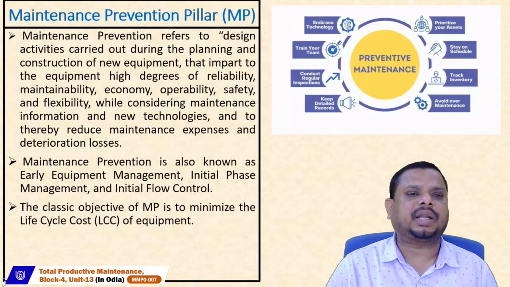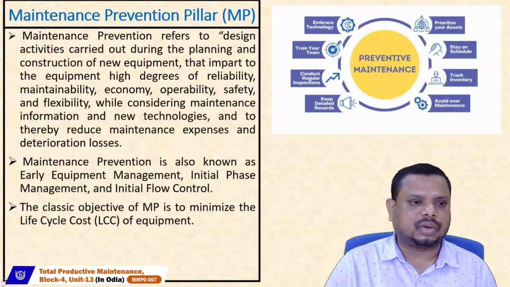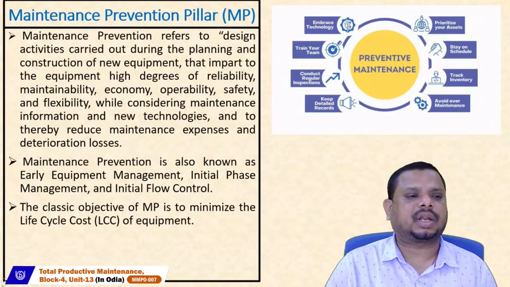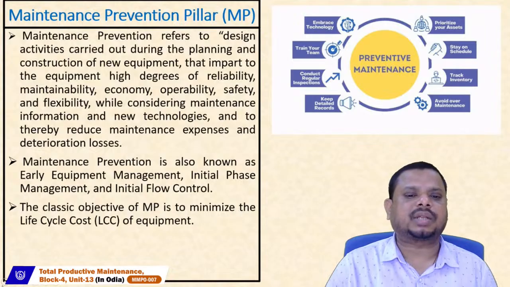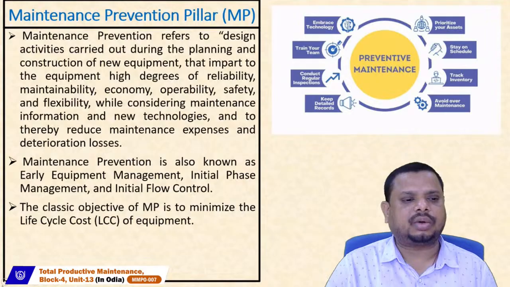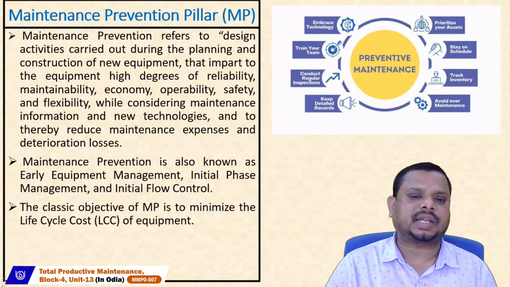The next one we have is the maintenance prevention pillar. Maintenance prevention refers to the design carried out during the planning and construction of new equipment that imparts to the equipment a high degree of reliability, that means directly performance. The next are maintainability, economy, operability, safety, and flexibility, while considering the maintenance information and new technologies, to thereby reduce the maintenance expenses and deterioration losses.